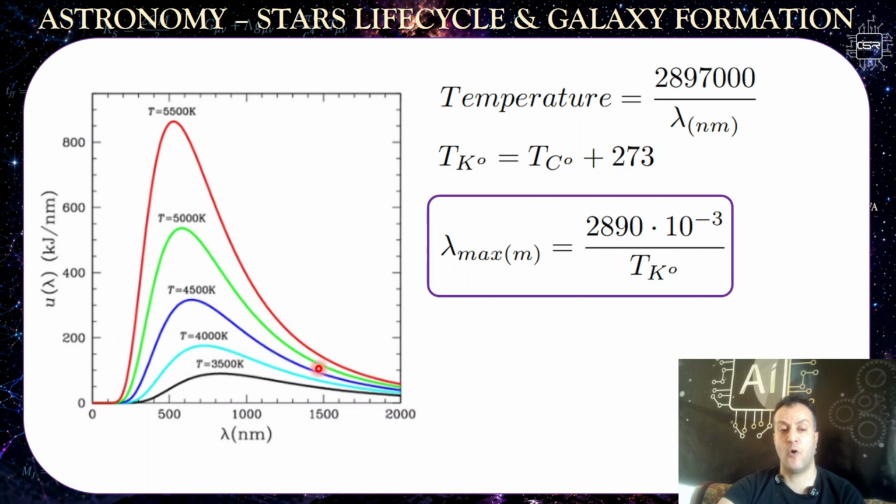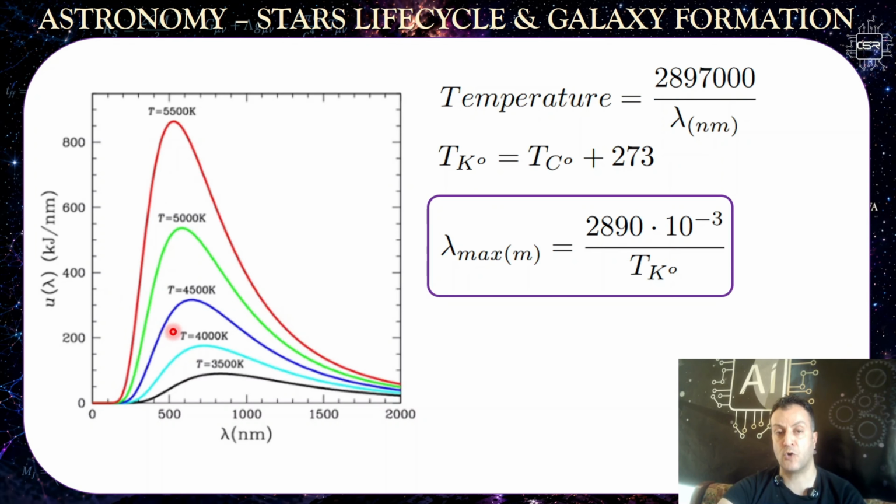Meanwhile, for shorter wavelengths, higher frequencies such as the blue one here, you notice that it reaches 4500 Kelvin even for a brightness as low as 300 kilojoules per nanometer.